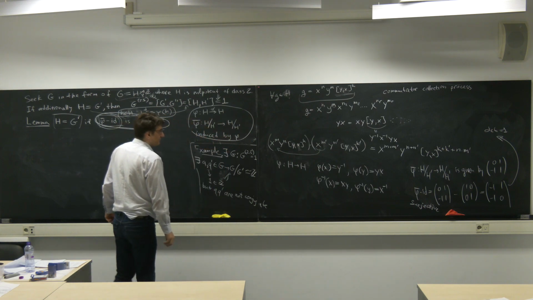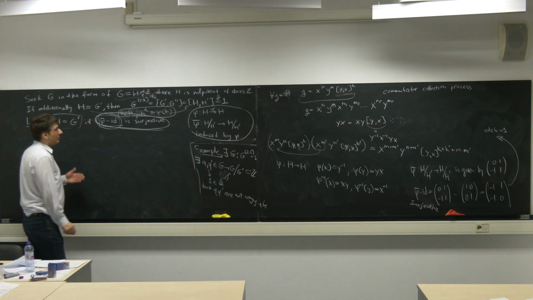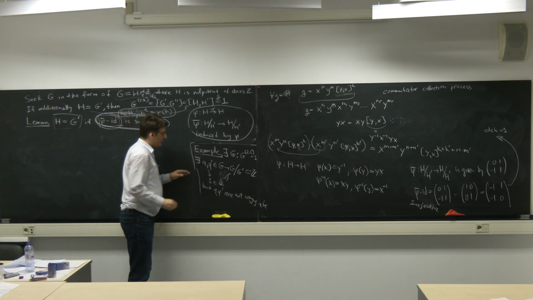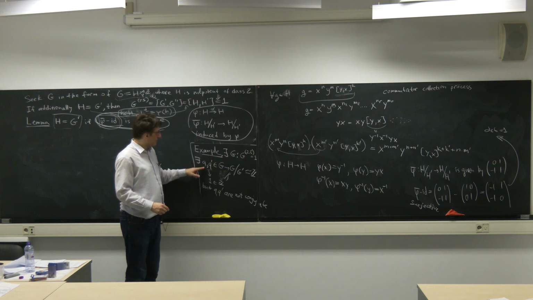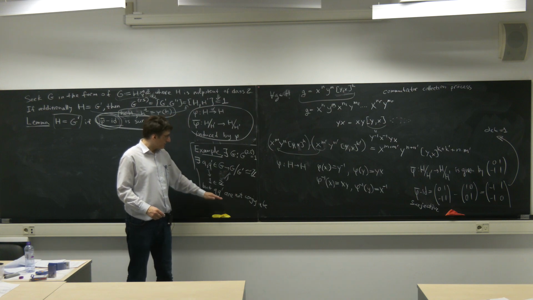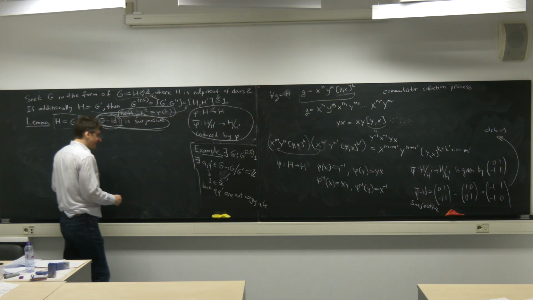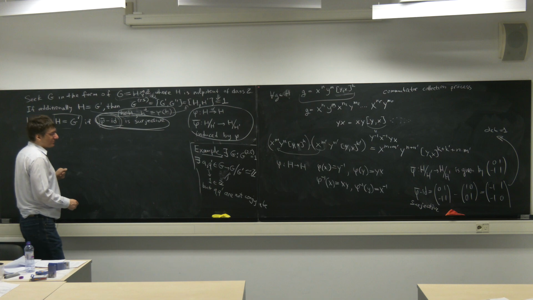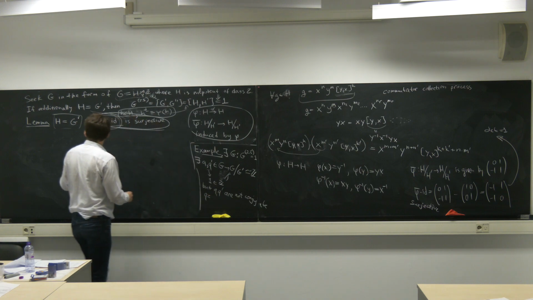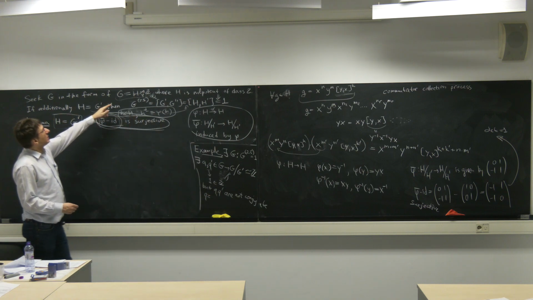So now, to finish this example, I want to construct two elements in G which map to the same element of the abelianization but are not conjugate. I take Q to be, yes, I think we didn't quite finish.